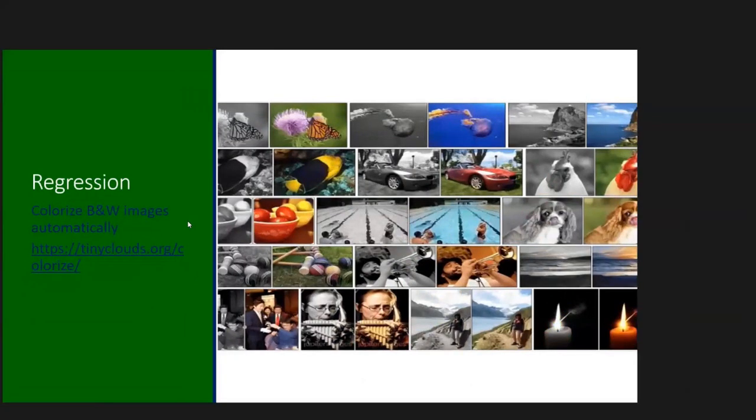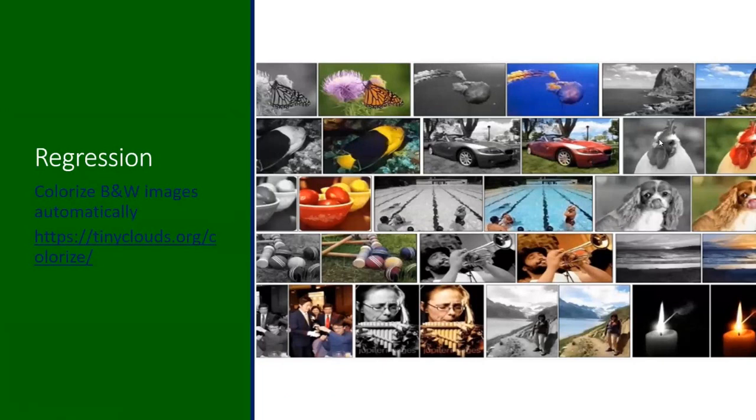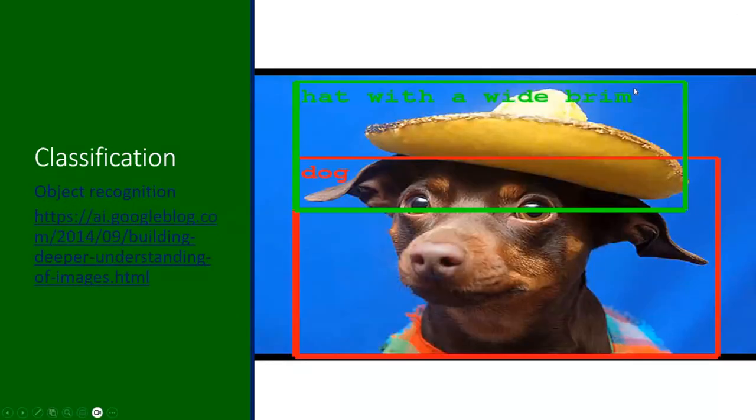Number one, regression, usually used when you are trying to restore a black and white image to a full color picture. And second is classification. You try to classify this object, and what we see here is actually a dog with a head. So this is so-called classification.